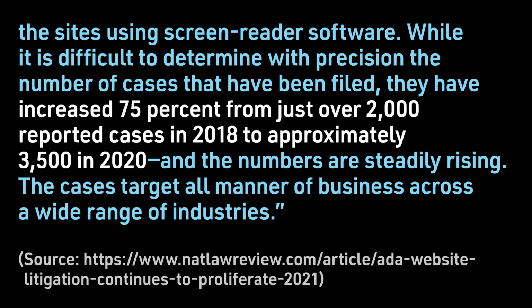While it is difficult to determine with precision the number of cases that have been filed, they have increased 75% from just over 2,000 reported cases in 2018 to approximately 3,500 cases in 2020. And the numbers are steadily rising. The cases target all manner of business across a wide range of industries.